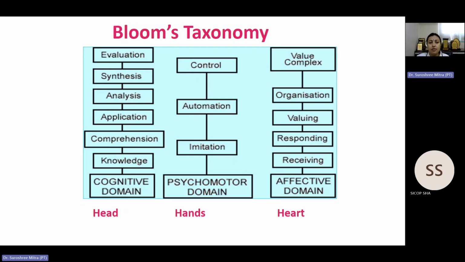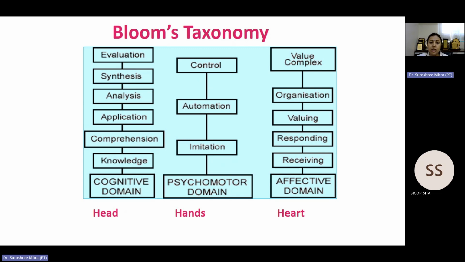So, with this, we come to the end of this session on Bloom's taxonomy. Just to revise, there are three primary domains which Bloom introduced, which are the base of the teaching-learning method by a teacher to a student. The first domain is the domain of head, the cognitive domain, and there are 6 sub-levels: knowledge, comprehension, application, analysis, synthesis, and evaluation.